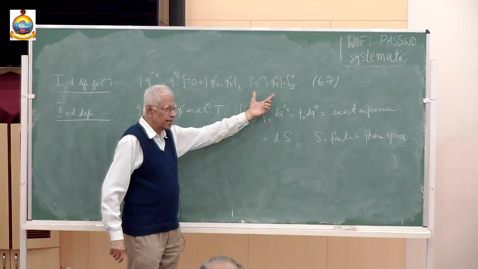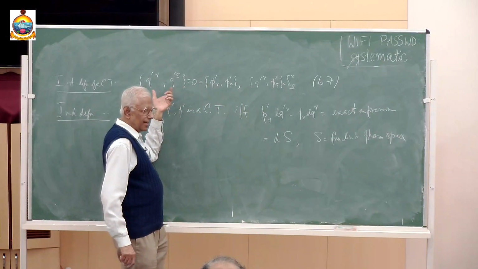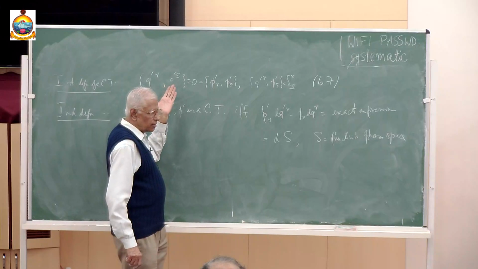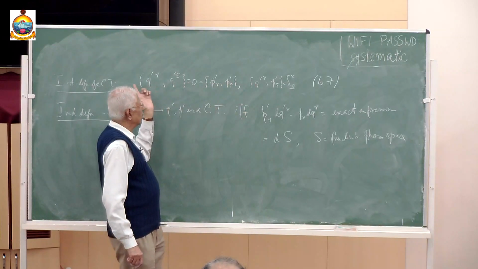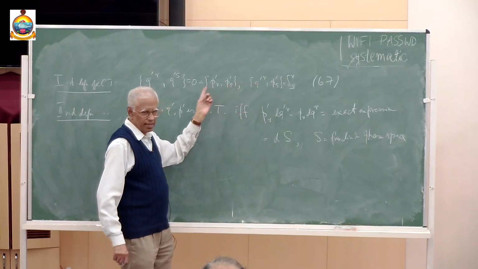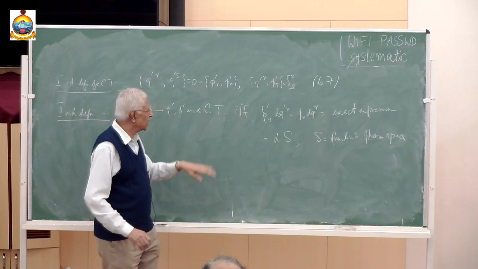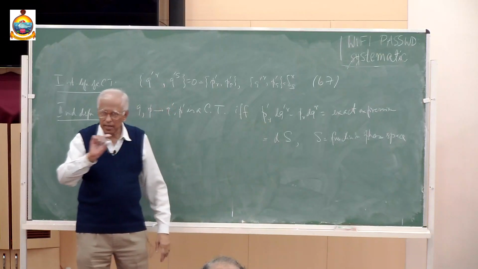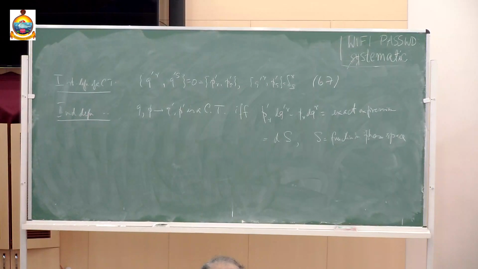We have n squared here. We have half n into n minus 1 here, half n into n minus 1 here. So what's the total number? 2n squared minus n algebraic statements here, and all of them have to be satisfied. All of those conditions can be collapsed into one equation, one line, and that is the second definition.